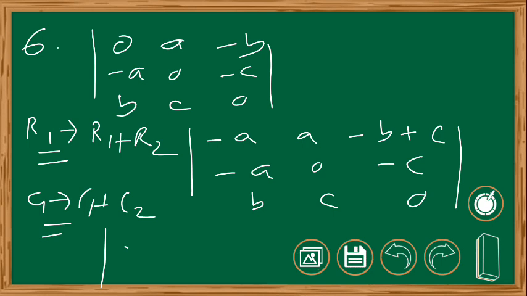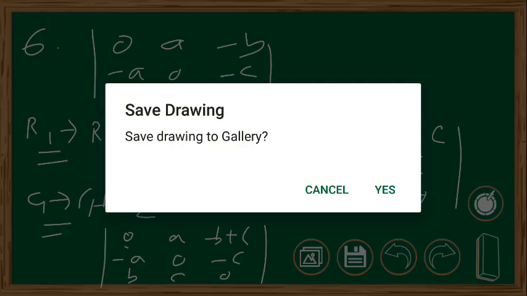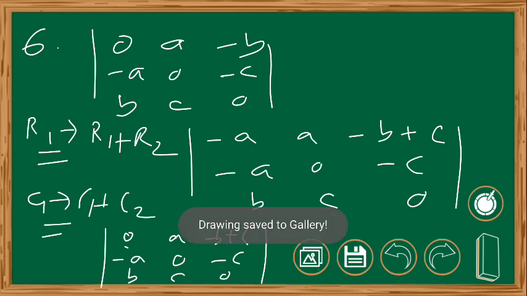Then this will be 0, this is a, this is minus b plus c, and this one will be minus a plus 0, which is also minus a, this one is again 0, this is minus c, this is b, this is c, and this one is 0, right? So here you see this one is 0, a, minus b plus c; minus a, 0, minus c; b, c and 0. Now you directly expand this, right?